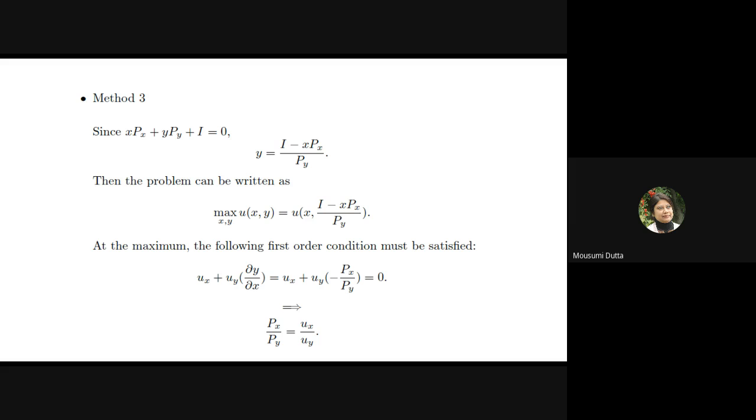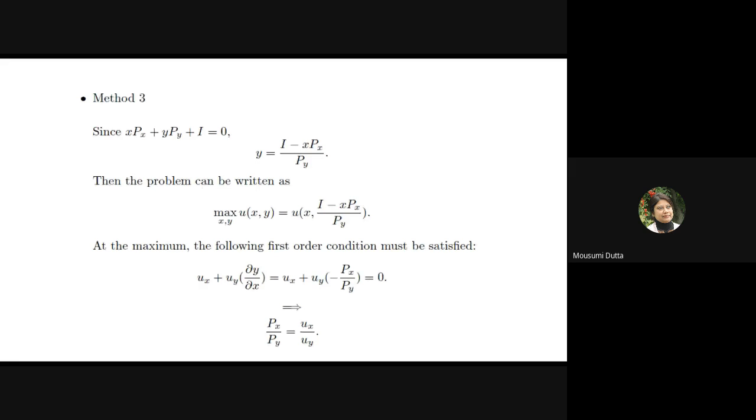Or in place of del u by del x, write ux, u suffix x, plus del u by del y replaced by uy, into dy by dx. Now, what is dy by dx?